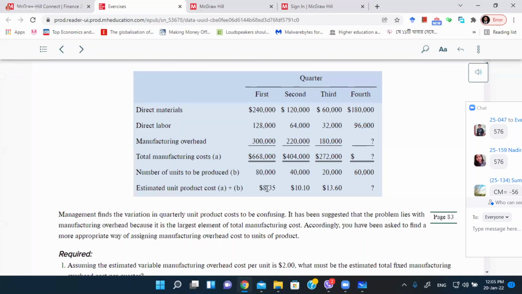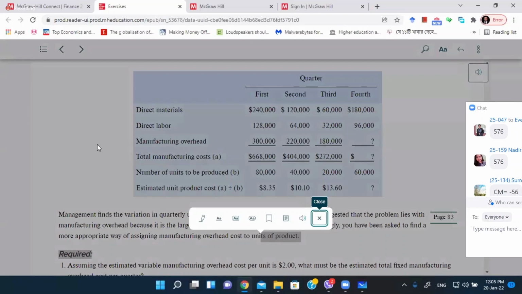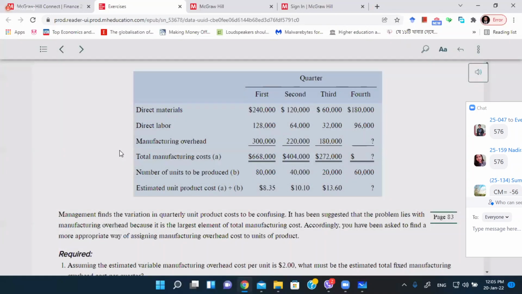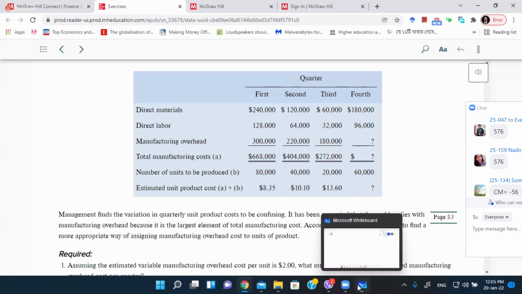So you take your text and try to get the information from there, because I will be working on a whiteboard. The thing is that we need to find out what the variable and what the fixed portion of the manufacturing overhead is. We need to explore more about the details of the manufacturing overhead. So if the total manufacturing overhead is $300,000 and the number of units to be produced in this quarter is 80,000, and the variable manufacturing overhead cost is $2 per unit, is it possible to get the fixed manufacturing overhead?